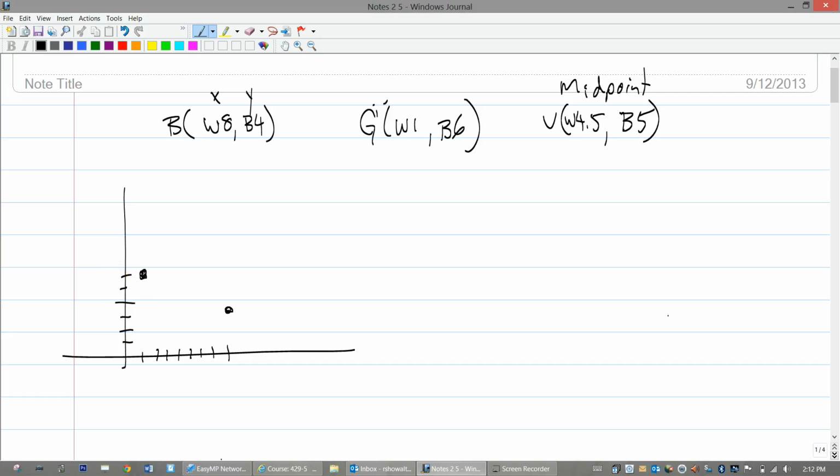Okay, and then we said Vinny, being the midpoint, was at 4.5, board 5. And graphically that makes sense: Bree, George, and Vinny. It's being in the middle, right?